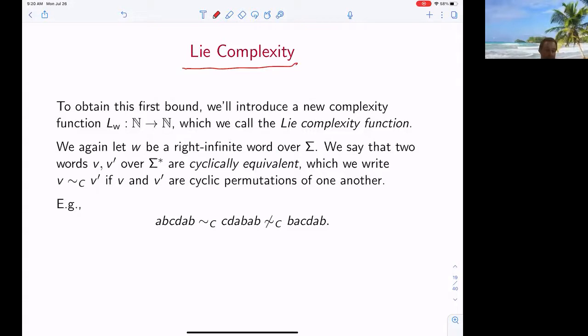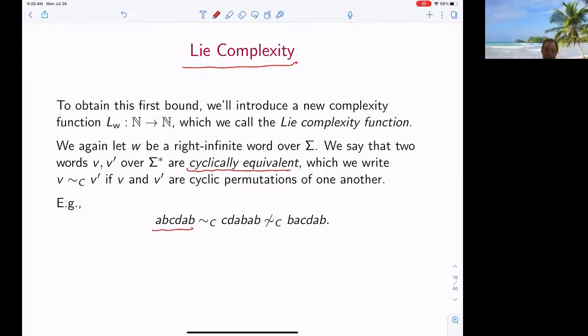I talked about being cyclically equivalent. Cyclically equivalent just means that you can cyclically permute the word. So you can strip off a prefix and put it at the beginning, and that'll be cyclically equivalent. For instance, here I'm taking this prefix or this suffix and shifting it to the front, and I'm getting this word.